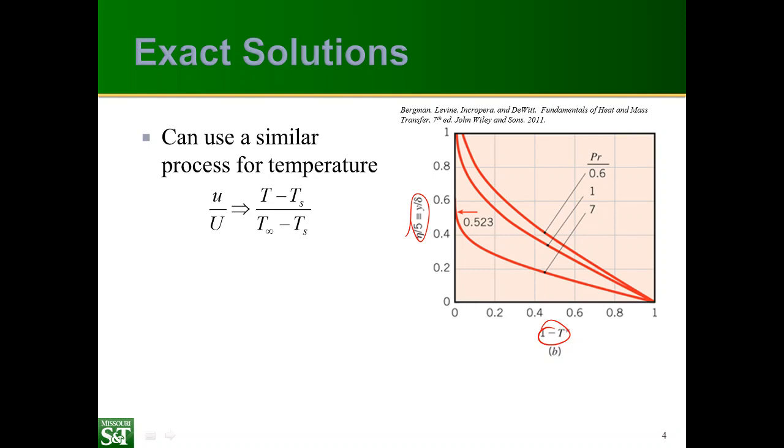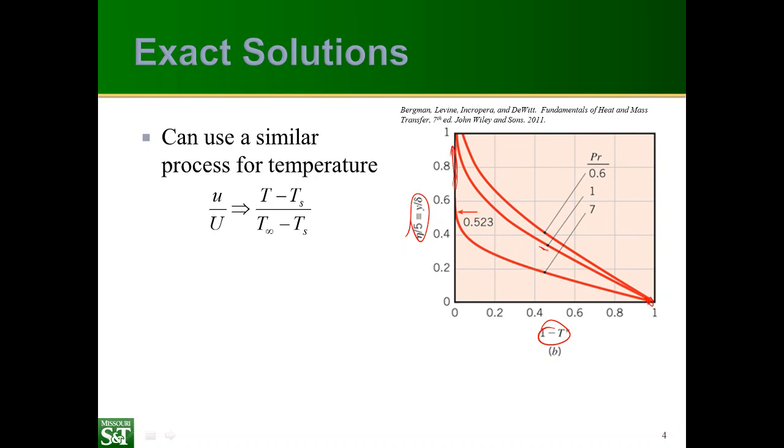So here we have the surface temperature, and here we have the free stream temperature. And you can see for a Prandtl number of 1, which is this middle line, the solution is identical to the velocity boundary layer solution. However, we have a difference in axes here that changes the direction of this graph.